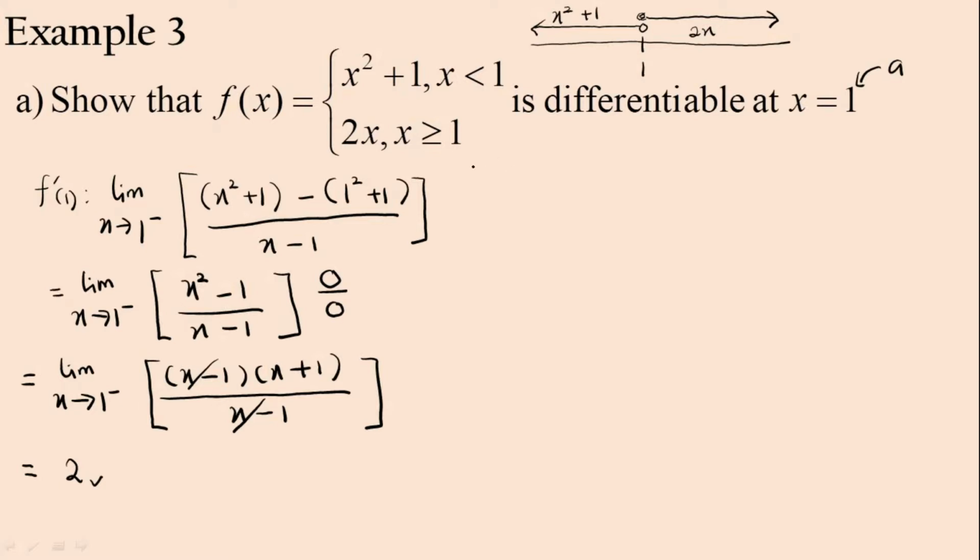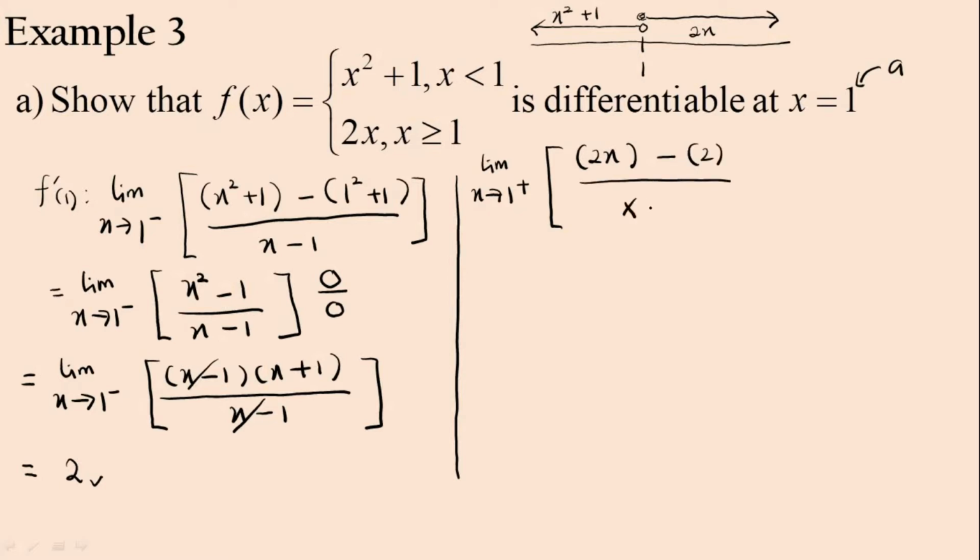Now we have to check for 1 from right. So the limit of x approaches 1 from right of our function here, which would be 2x minus 2 times 1, so you're going to get 2, divided by x minus 1.